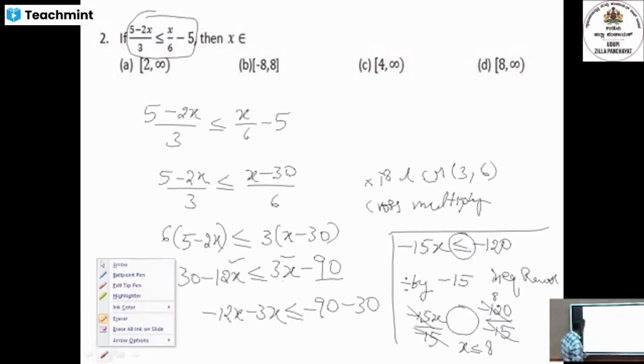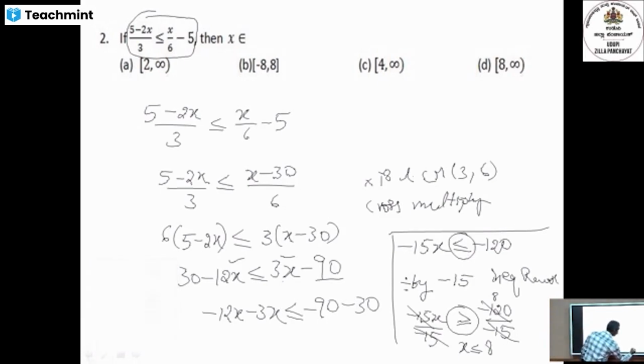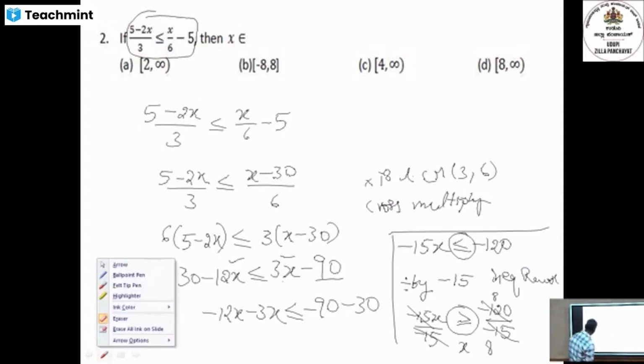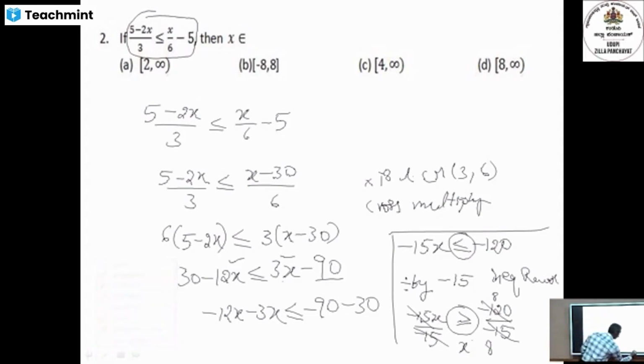So let us reverse it. When you reverse the inequality, it will be greater than or equal to. So you will get x greater than or equal to 8.